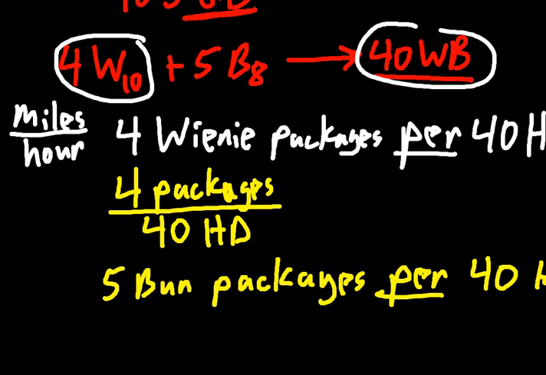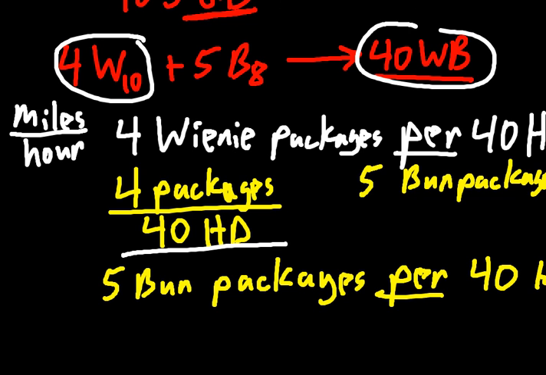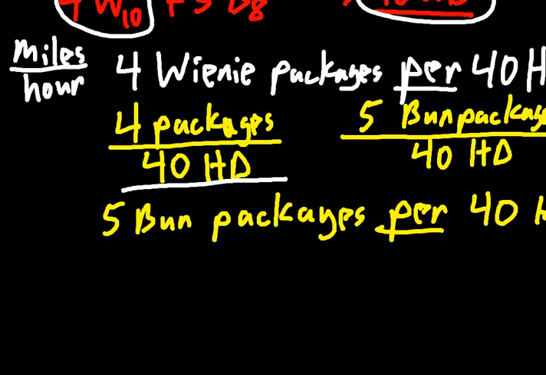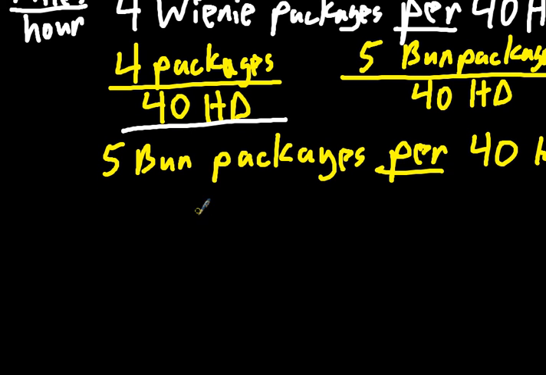Or we could write it just like we have right over here: 5 bun packages divided by, or per, 40 hot dogs. So right here we have 4 over 40 and 5 over 40.